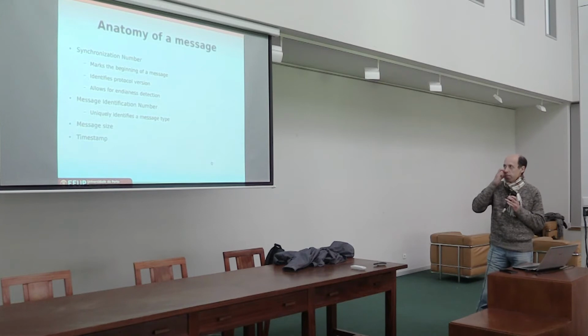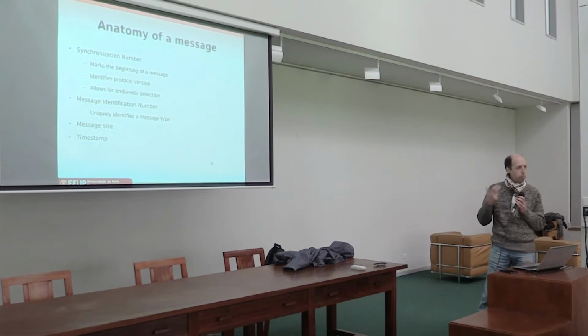What is the anatomy of an IMC message? You have a synchronization number, which defines the set of messages that are available, so you know a priori how to deserialize it. It marks the beginning of the message, indicates the protocol version and allows for endianness detection.